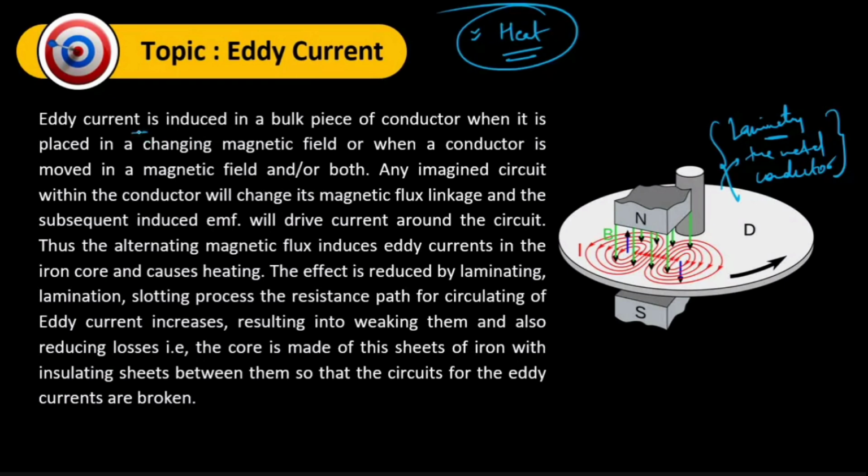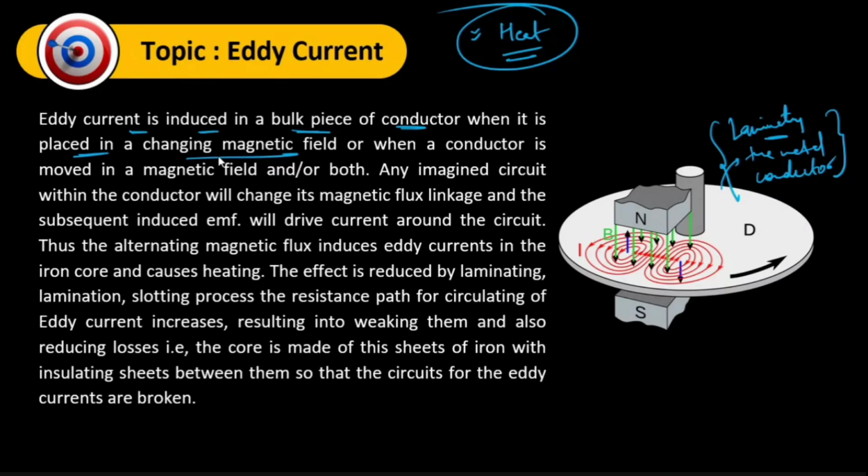Eddy current is induced in bulk pieces of conductor when it is placed in a changing magnetic field. As I said, if there are temporary magnets, and we turn on the current, they behave as magnets and produce a magnetic field. When we turn it off, they stop behaving like magnets, because they are not permanent magnets.